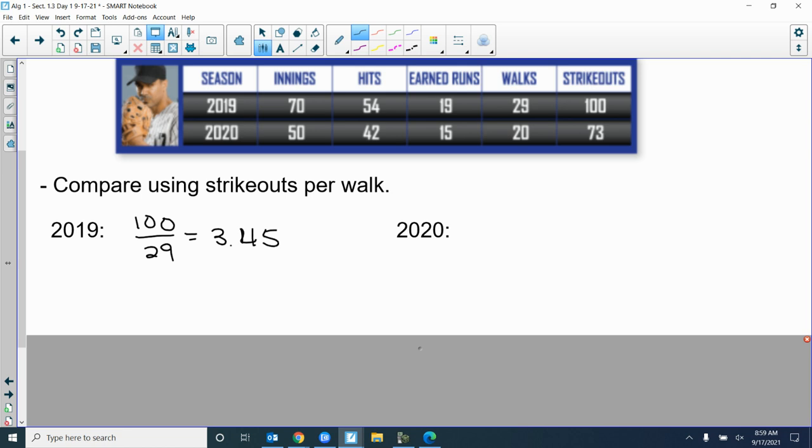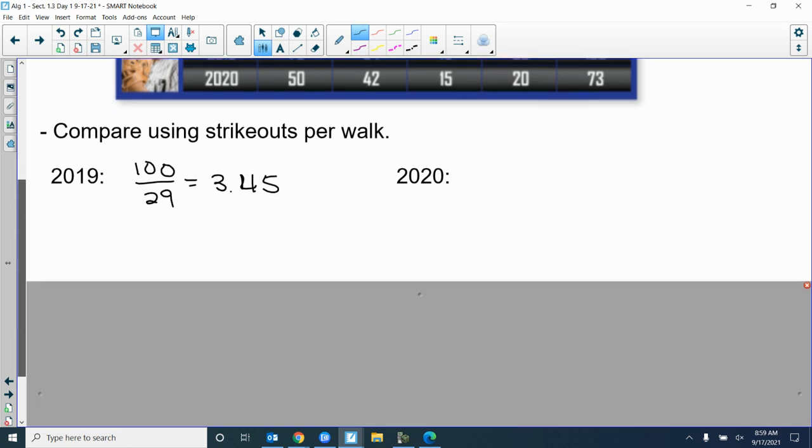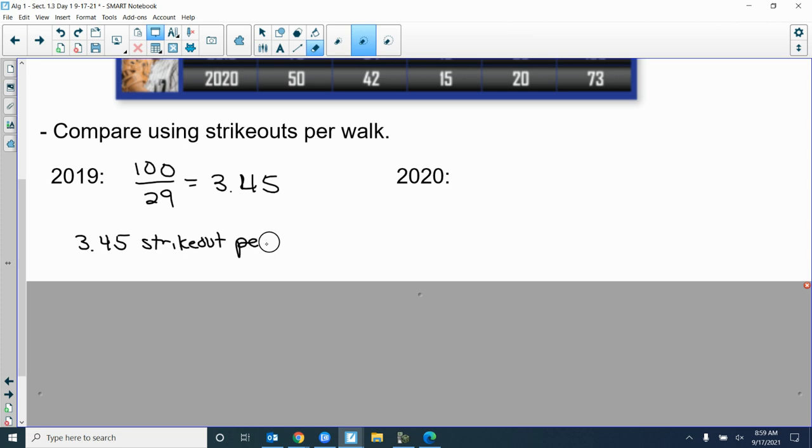How would I label that? 3.45 what? Strikeouts per walk. Very good. So for every walk, he had 3.45 strikeouts. So this is 3.45 strikeouts per walk. Whoops, that should be an R.